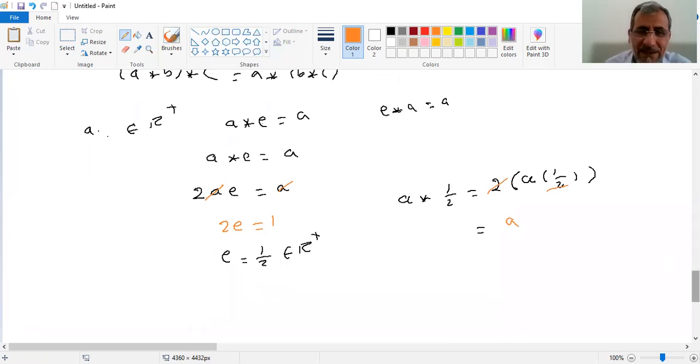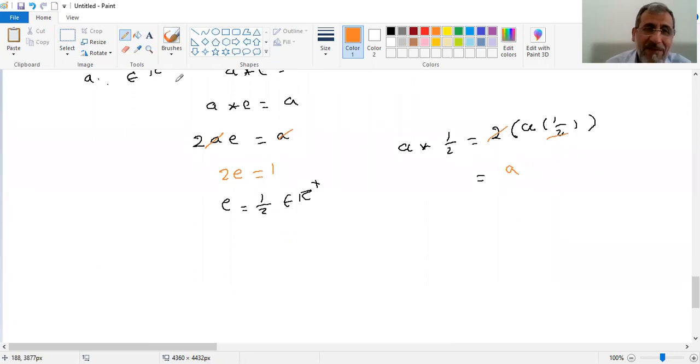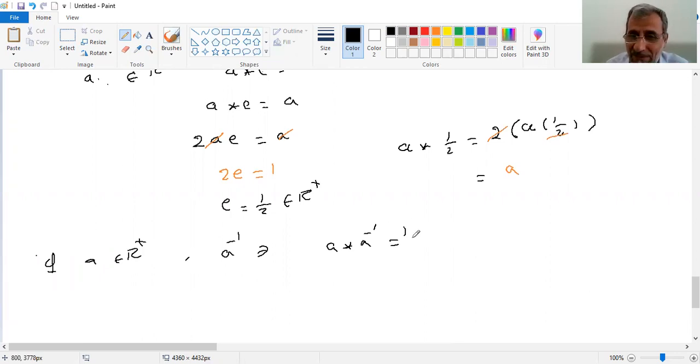Now, what about the inverse? If a is a positive real number, what is the a inverse such that a star a inverse equals the identity? The identity, we said, is half.